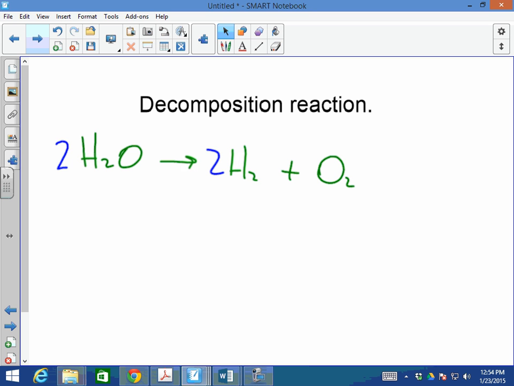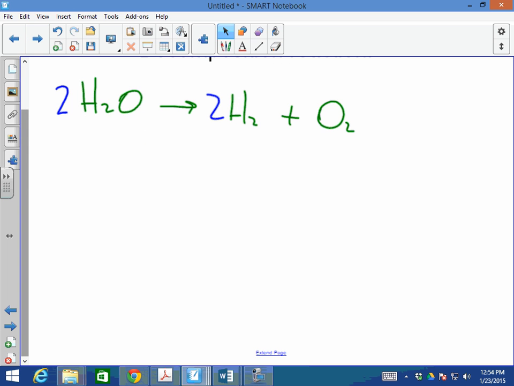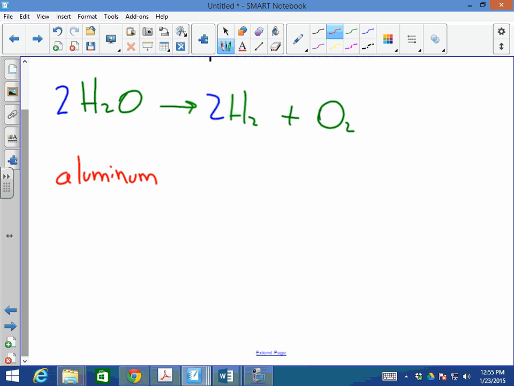There are certain rules. For example, the decomposition of a metal with carbonate. We saw earlier that carbonate had a specific charge of 2. If I look at aluminum carbonate, it breaks down to form something.